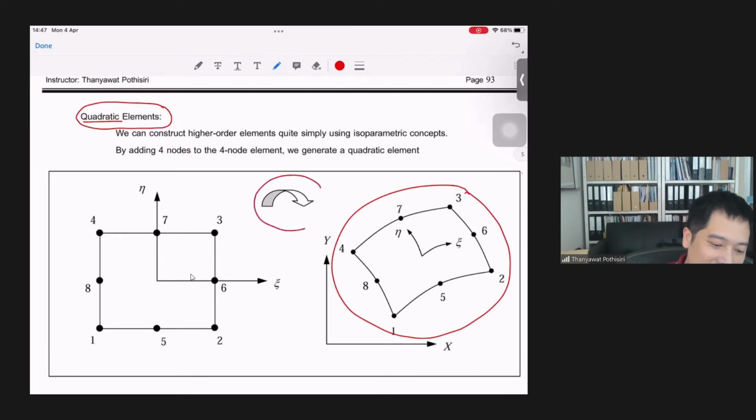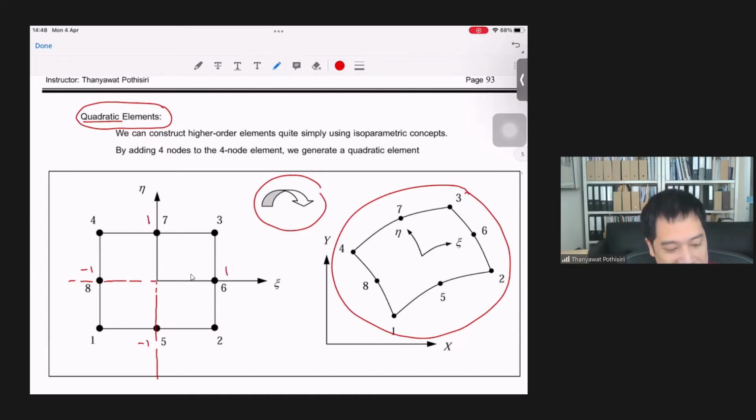So we're going to make use again of the parametric coordinate system. Okay, so you're going to map from this curved element to a nice and easy square like this. So still you're going to have ξ from -1 to 1 and η from -1 to 1 like this.